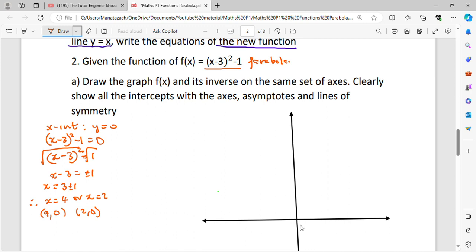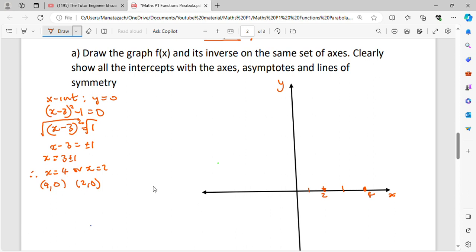So you can just quickly mark it. This is your x-axis, y-axis. If you have 1, 2, 3, 4, you have a 2 here and a 4 here. That will be your x-intercepts. Now let's deal with the y-intercept. You likewise set x equals 0, and then f of 0 will be equal to 0 minus 3 squared minus 1.